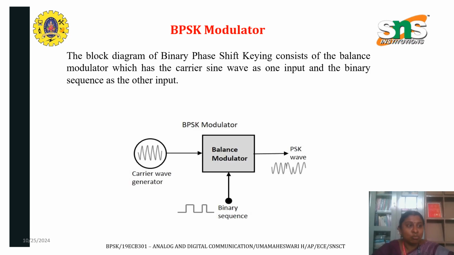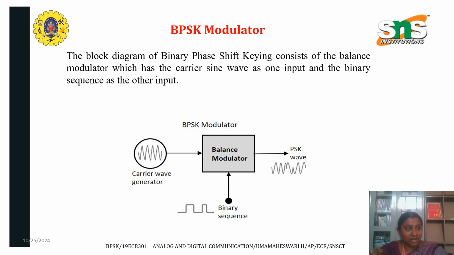The BPSK modulator has a bipolar NRZ level encoder and a balanced modulator. From the balanced modulator we get a BPSK signal and a carrier signal. The baseband signal is applied as the modulating signal to the balanced modulator.